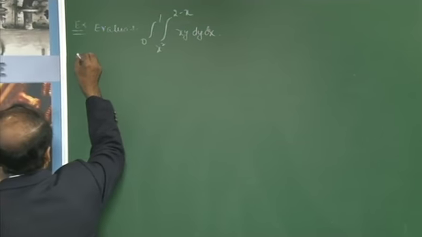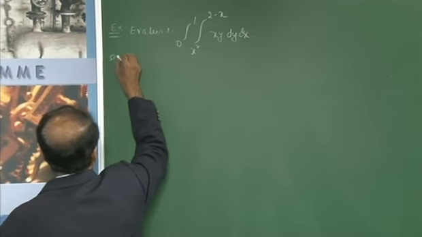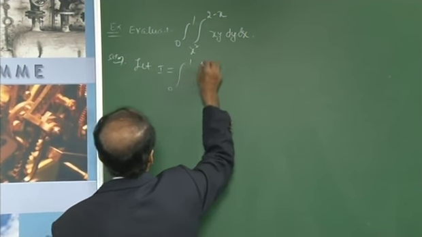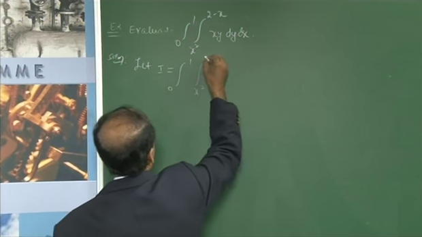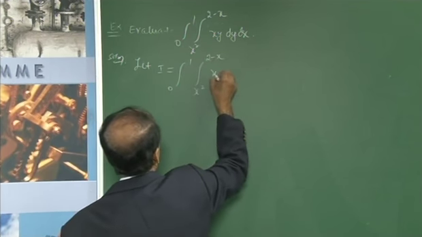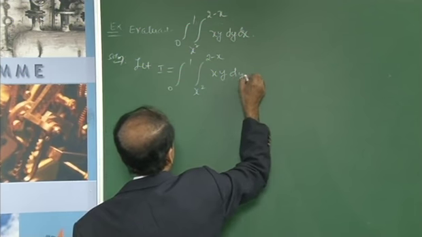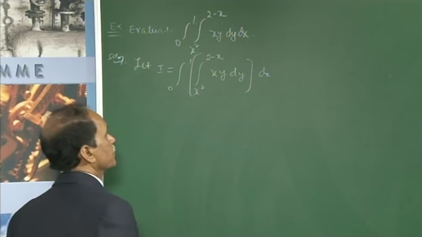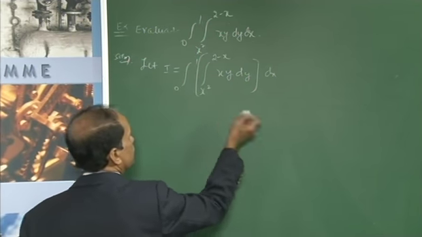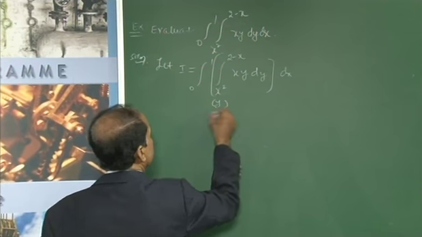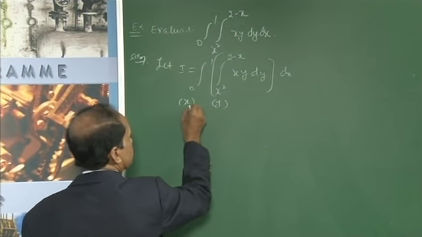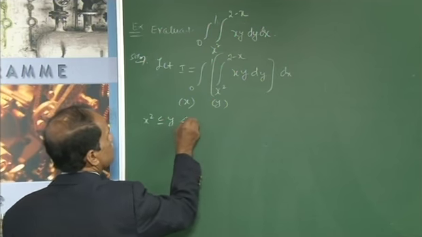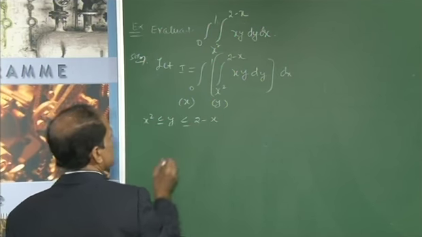In the solution, as usual, let I be equal to 0 to 1, x square to 2 minus x, xy dy, close the bracket, and then dx. According to the previous problem, which we have already discussed in detail, this is for y and this is for x. It clearly indicates x square less than or equal to y less than or equal to 2 minus x.